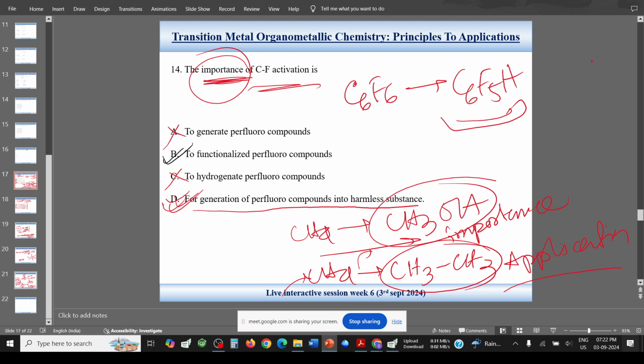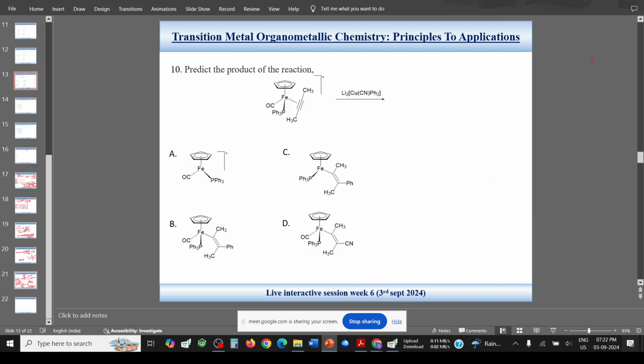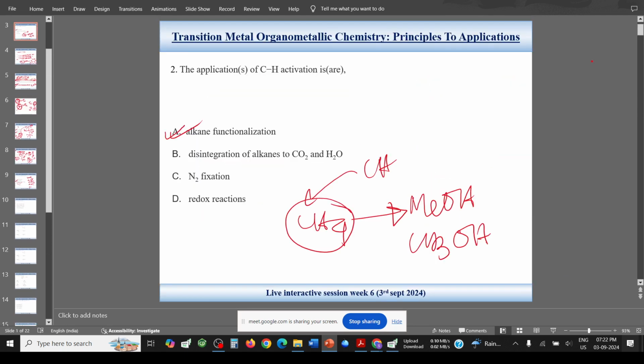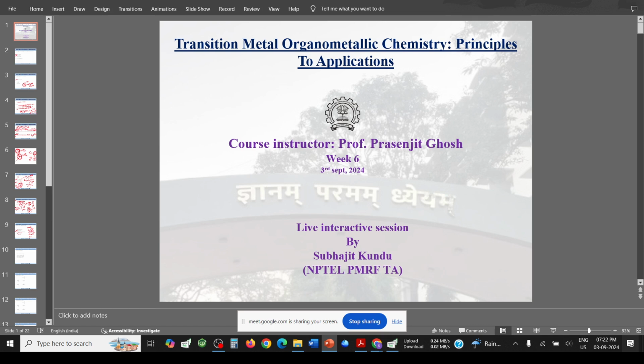In the examination, is this question having multiple answers, and do they give any intimation or not? Intimation means, I don't understand.